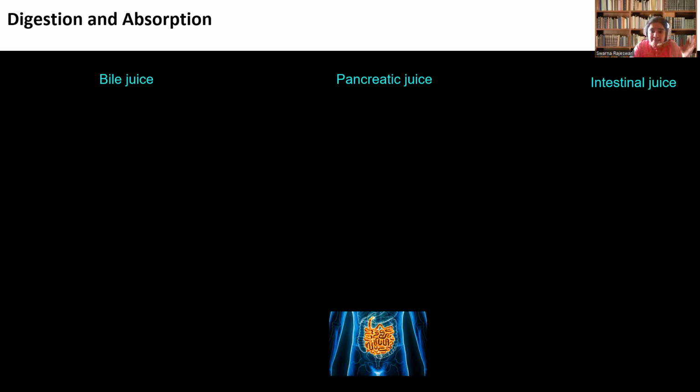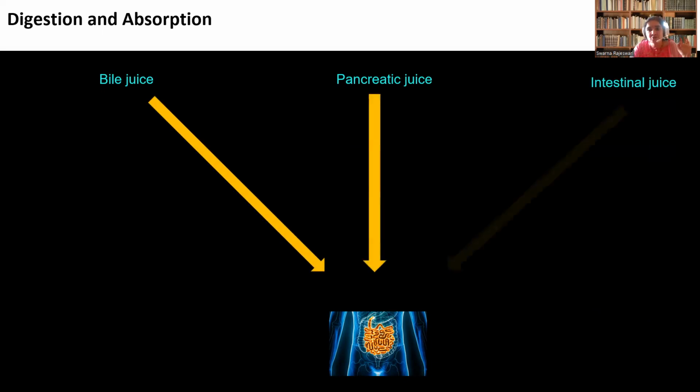There the chyme will be acted upon by the bile juice, pancreatic juice, as well as intestinal juice. All these juices will be acting on the chyme, that is the partially digested food. We are calling it chyme.